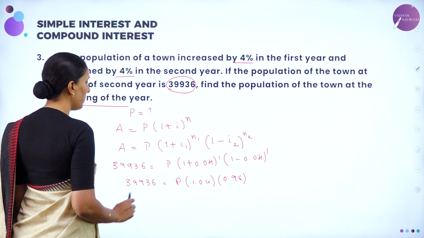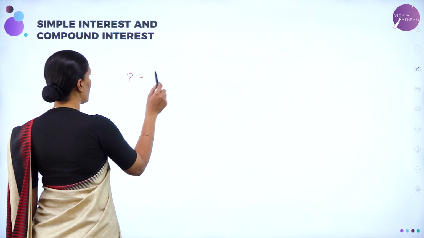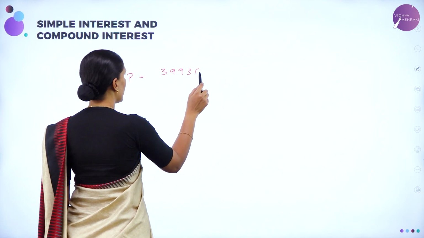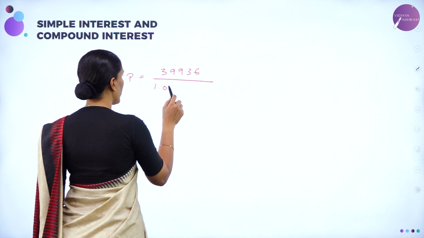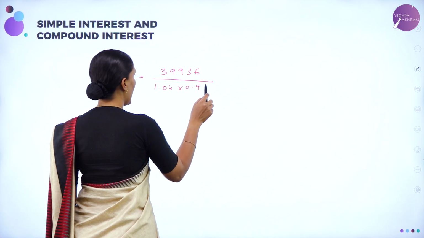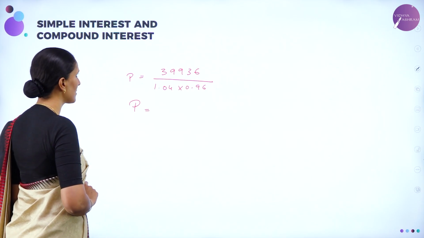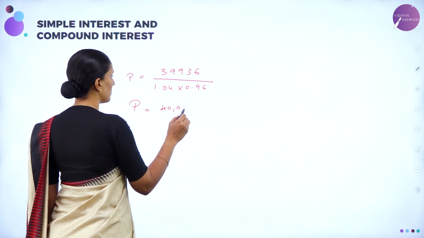So here we need P. Therefore P is equal to 39,936 divided by 1.04 into 0.96. So dividing this, we'll get the initial value of the population as 40,000.